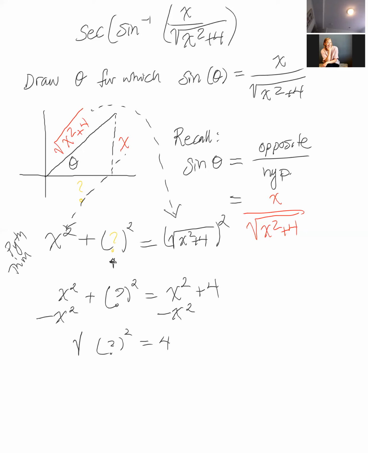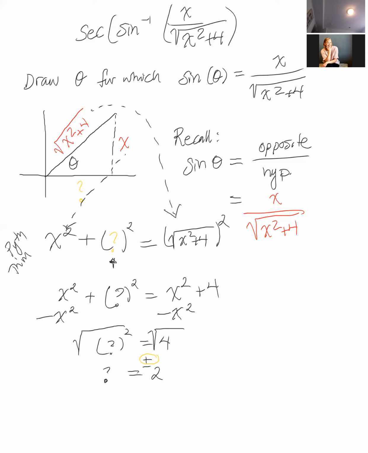Take the square root of both sides of the equation, I get that that question mark is equal to 2. I should technically say plus or minus 2, but again, because I don't really know anything about x, I'm going to choose the positive, because x being a variable will cover both cases.